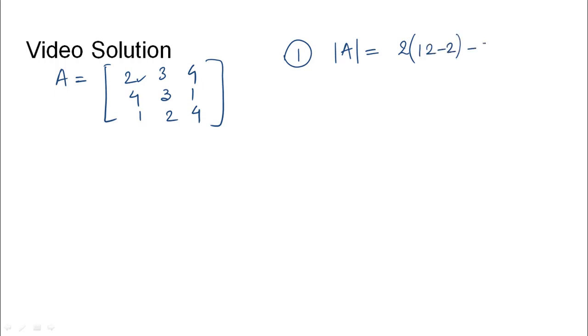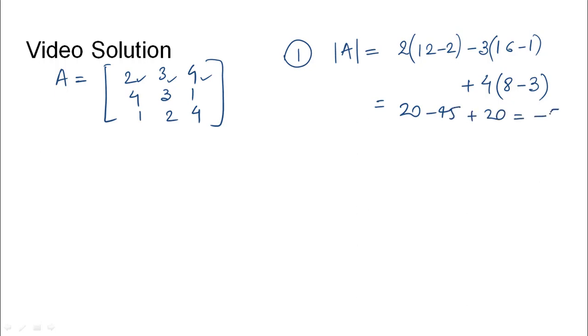This is repeated with the second element, that is 3. Removing its row and column, we get 16 minus 1. And plus for the last element, that is 4 in the first row, we get 4 times 4 into 2, 8 minus 3. This gives the determinant value as 20 minus 45 plus 20. Essentially the determinant will be minus 5 for the matrix A.